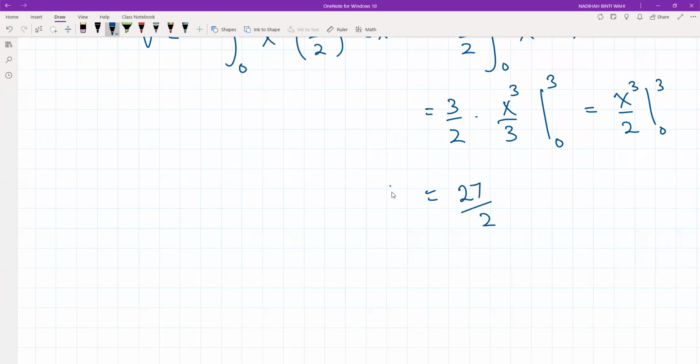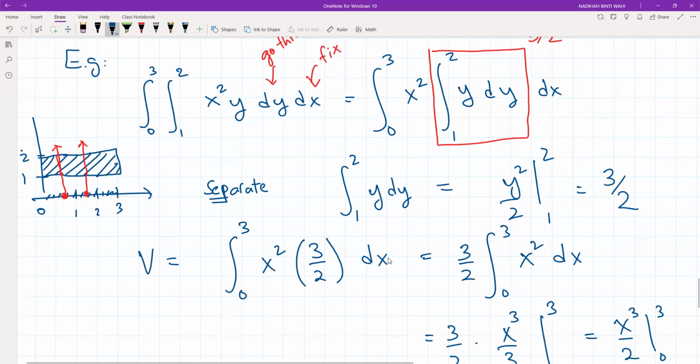27/2. Okay, volume is unit cubed. Saya lebih suka guna dalam bentuk fraction. Sebab jawapan dalam fraction, sebab apa? Sebab dia exact, ada yang decimal ni.